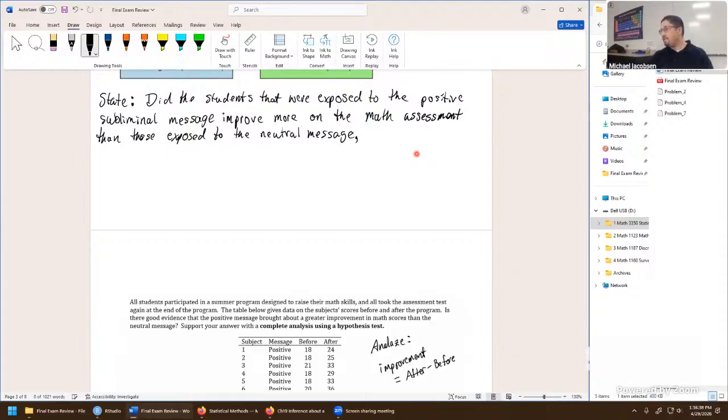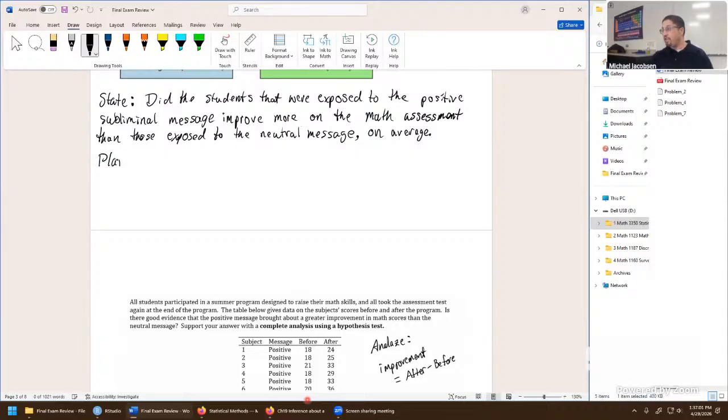Although it's not required, it's a good call to add just a little bit more to this as a reminder on your conclusion. We're not talking about individuals here. We're talking about averages of all these students that might potentially take the test. So let's say it here, on average. So that's our state phase.